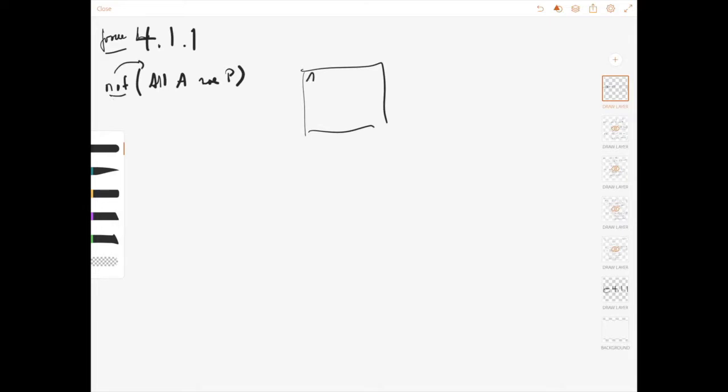So that is an A proposition, and so if we say it's not the case that all A is P, then what we are saying is that it is the case, see the corresponding, the contradictory, right? The corresponding O, it is the case that some animals are not primates.